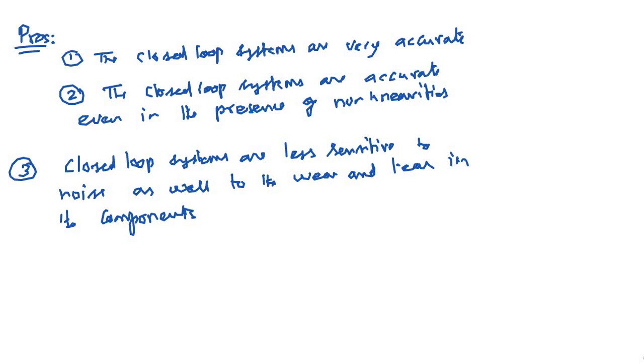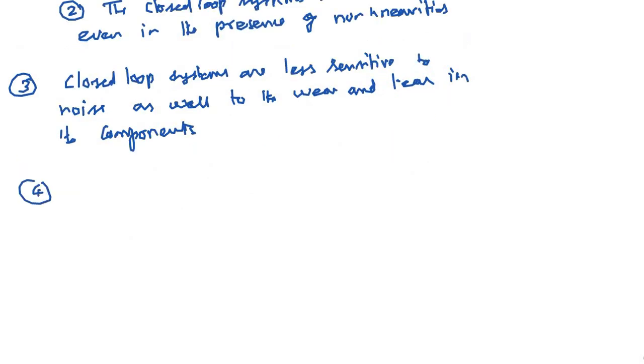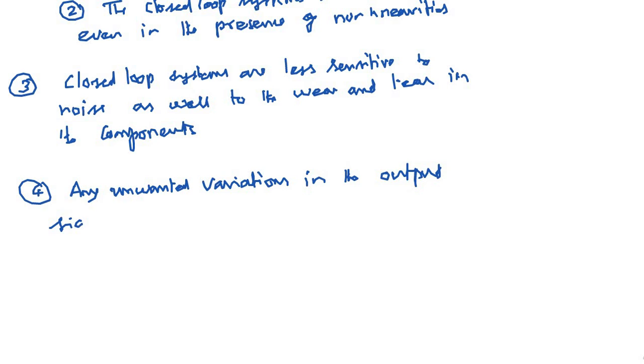Most important advantage, that is, any error in the system output can be corrected by the system automatically. So any unwanted variations in the output signal can be corrected by the system automatically.